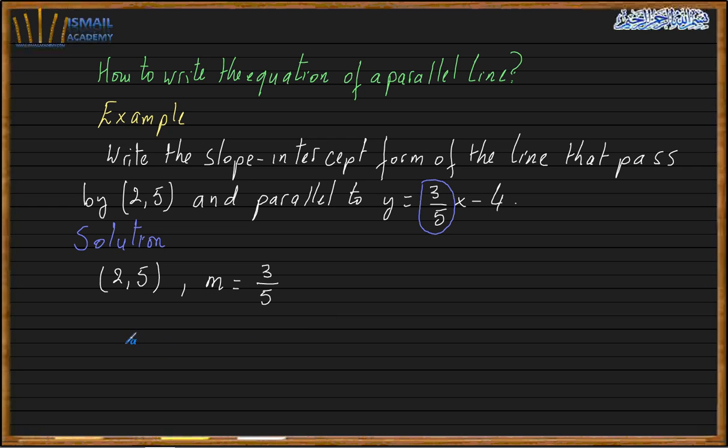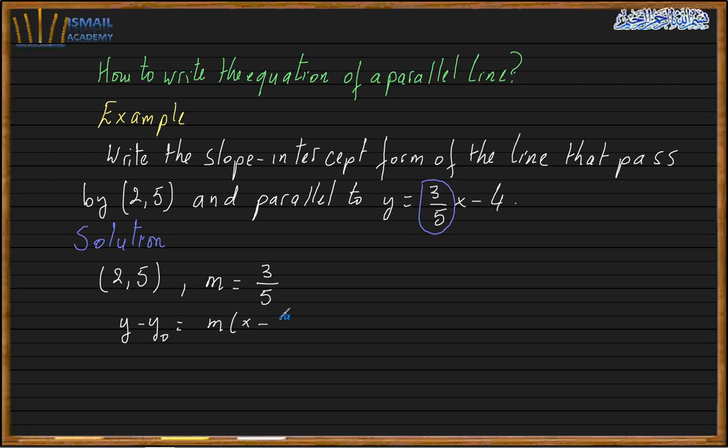Now I know that my point-slope equation is y minus y0 equals the slope times x minus x0, or x1, y1, it's the same thing.